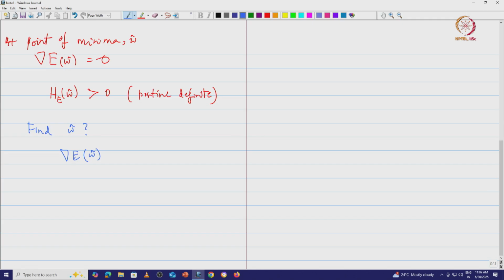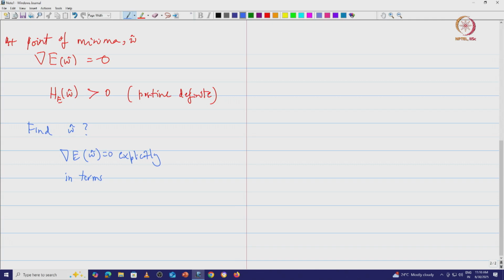So you have the form of the function E, and once you calculate what del E looks like, then writing del E of omega hat explicitly in terms of the other variables is difficult.